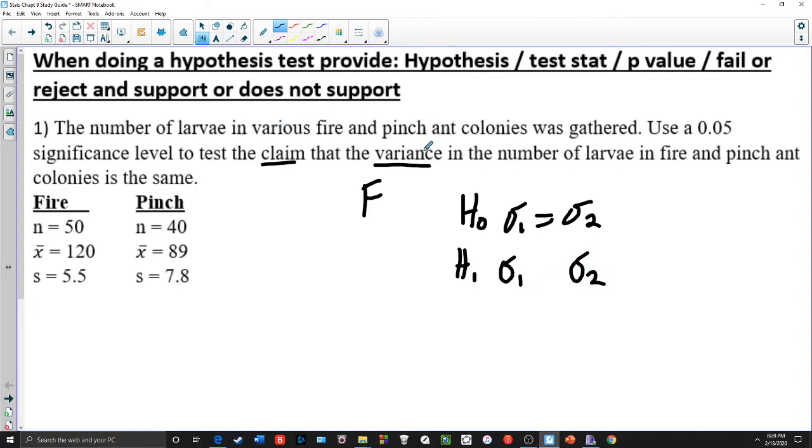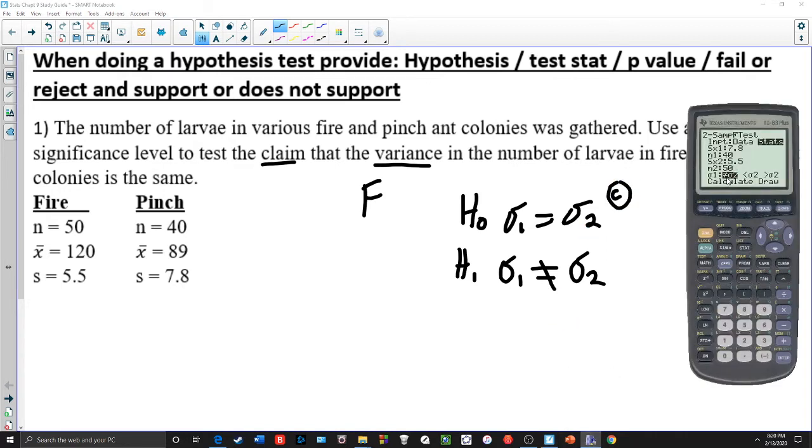So we're testing a claim that the variance in the colonies is the same. Well, if we're claiming that they're the same, that means the alternative is that they're not the same. So this is our claim that they are the same, and the alternative is that they're not. So when we do our setup here, we're going to make sure that this is highlighted as being not equal to sigma 2, because that's what we're testing against.